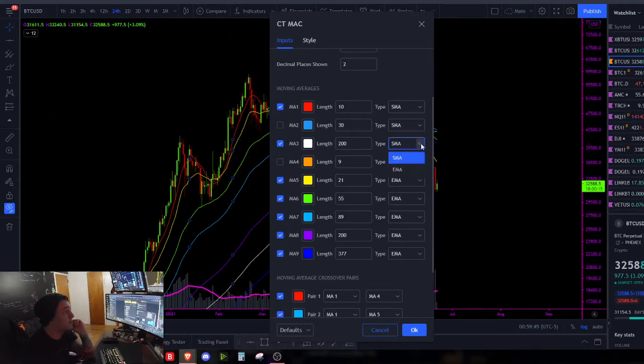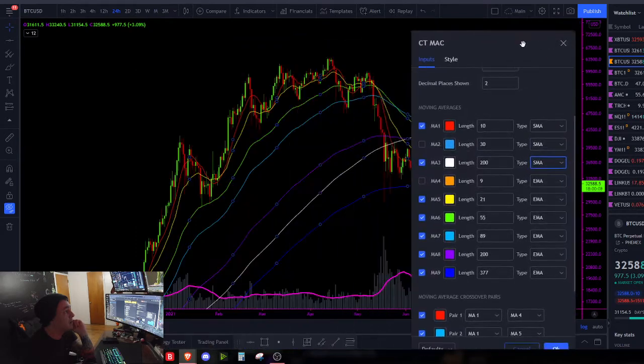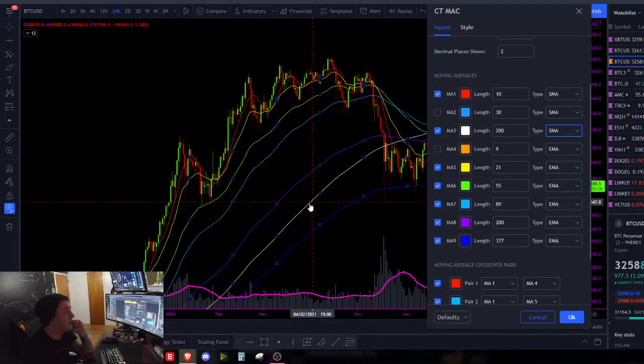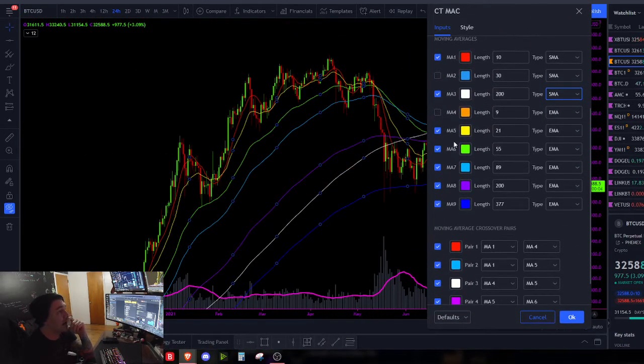MA3, another simple moving average, colored white, is the white 200 simple. Let's go ahead and move this, which is identified by this line right here. And then I have the yellow 21 moving average, which is an EMA. That would be the yellow one right here.